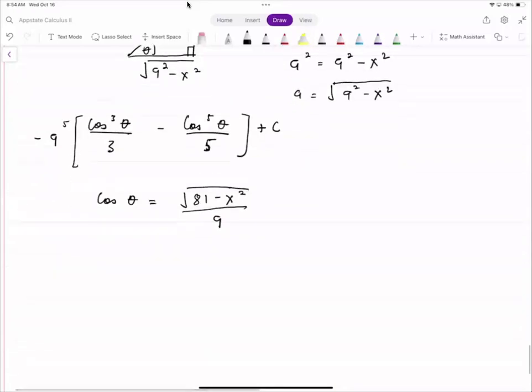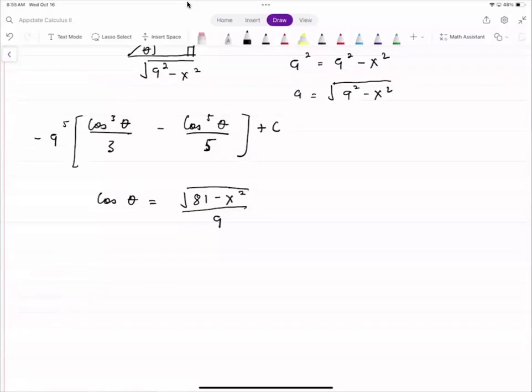So then that gives us minus 9 to the fifth. Or if you want, we can try to even expand first so that we don't need to rewrite a lot.